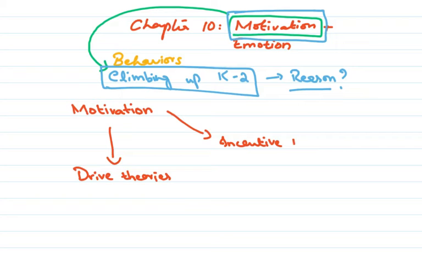Let me lay out what these are about. Drive theories are mostly called push theories of motivation, whereas incentive theories are mostly called pull theories of motivation. Now, what exactly does this mean? So, first, let's take a look at what we call a drive theory.